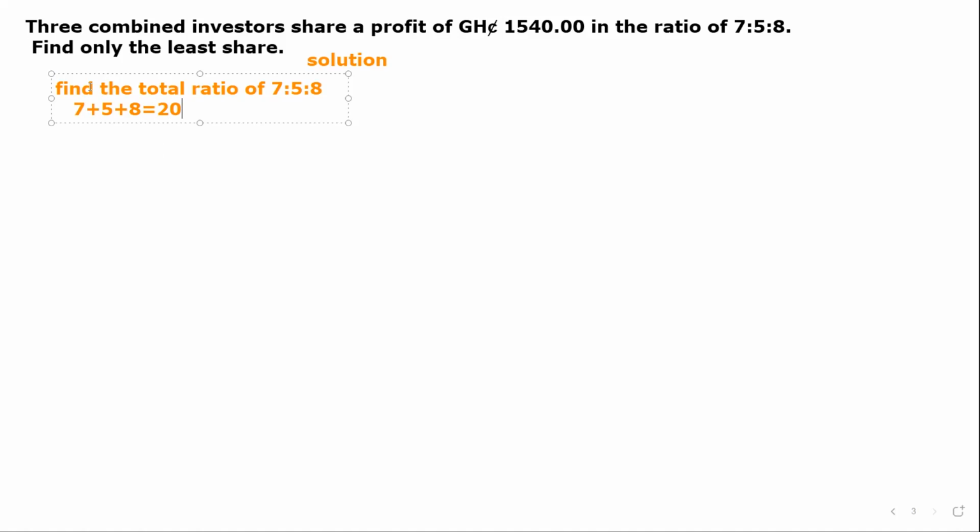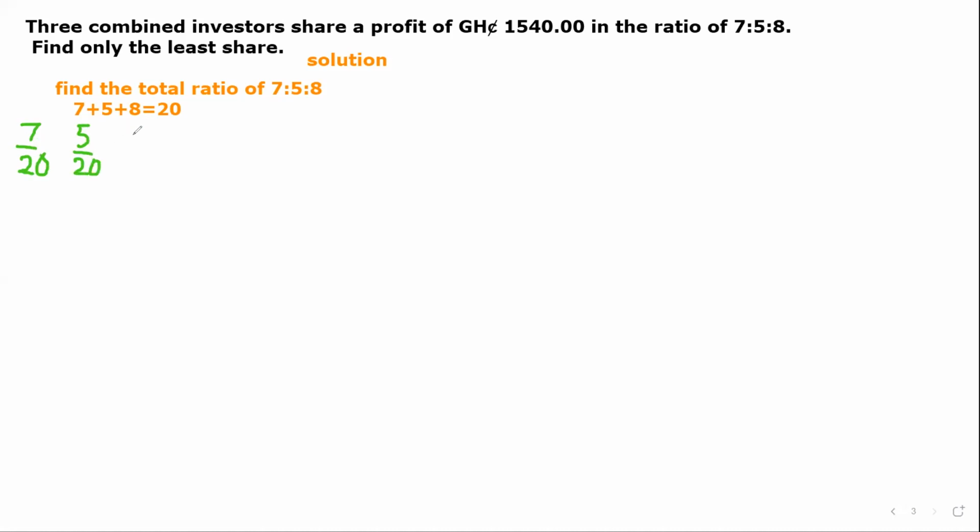Good. So you write the fraction for them. The names were not given, but we know there are 3 based on the ratio given here. So the fraction for the first person will be 7/20. The next person will be 5 out of 20.